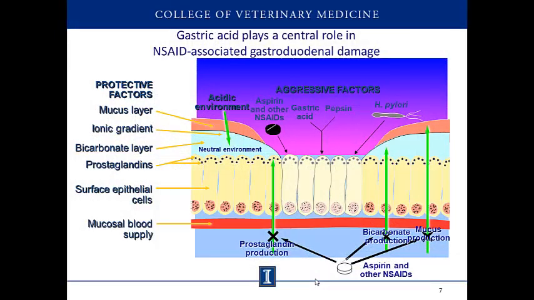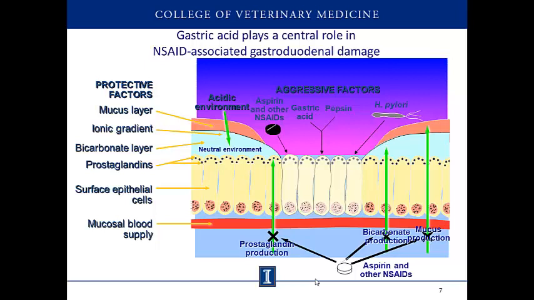Now, how do the prostaglandins protect the mucosa of the stomach? That's shown on this other slide. As you can see here, basically the prostaglandins are essential to produce that protective layer which is on top of the epithelial cells, and that layer is rich in bicarbonate and mucus, and basically what it does is prevent the acid and the pepsin of the stomach from becoming in direct contact with the epithelial cells.